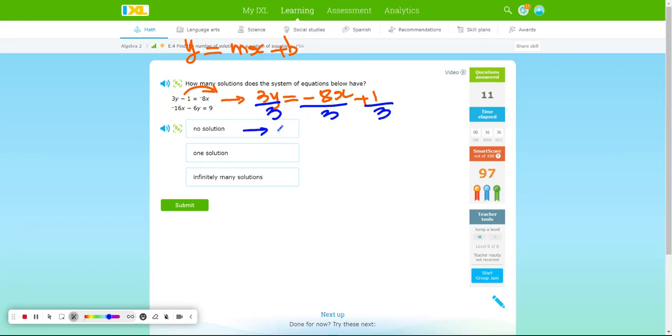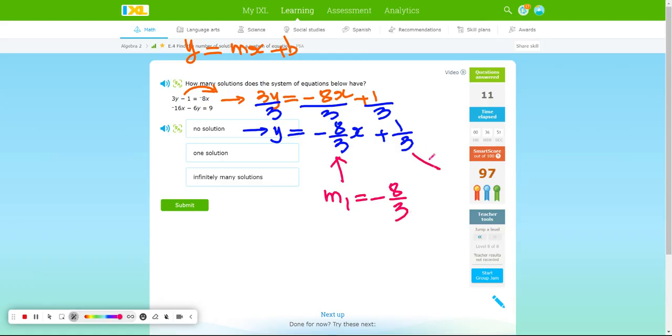Now I come out with y on the left, negative a over 3 x, plus 1 over 3. So in the first equation, the slope is negative a over 3, and the b is 1/3.